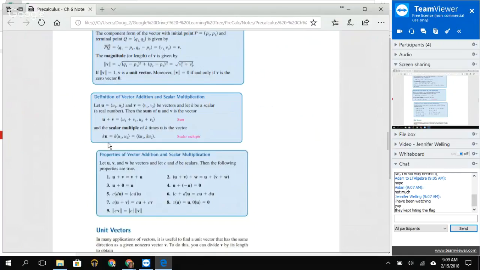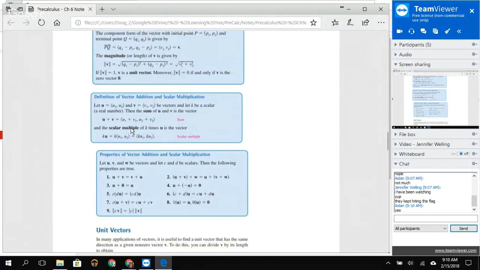We can also multiply by a scalar. So if we have a vector U and we multiply it by some constant K, then we multiply that constant K by each value in the vector. You might have heard the scalar multiple and the sum before when you did matrices in Algebra 2. Did anyone do matrix addition and scalar multiplication?